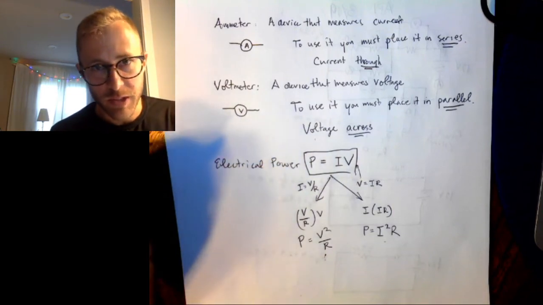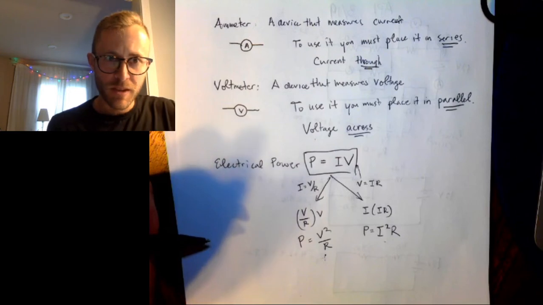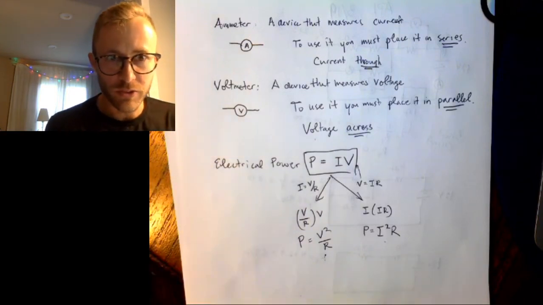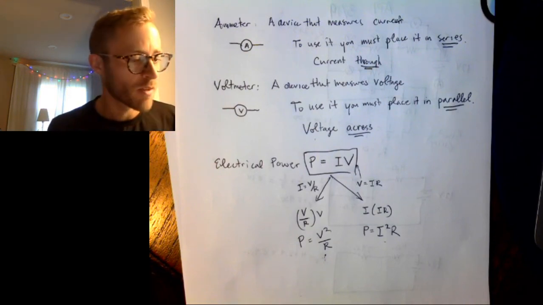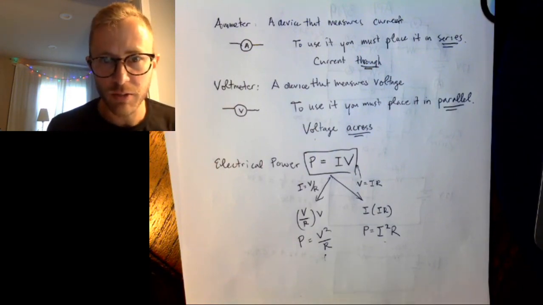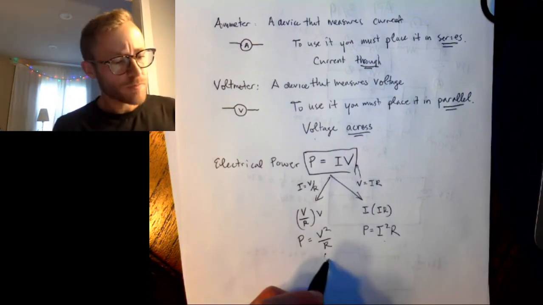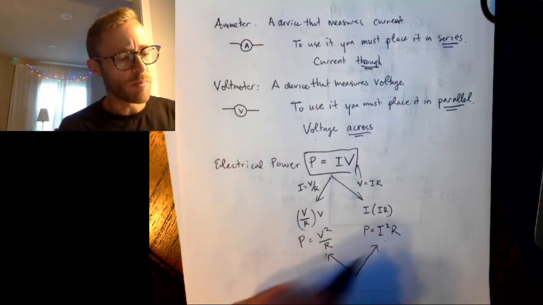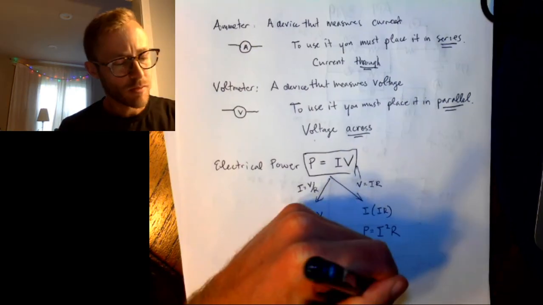It's a little bit funny because that's also the equation for centripetal acceleration, but remember, for centripetal acceleration, V squared over R was speed squared over turning radius. This is volts squared divided by resistance. These two equations only apply for resistors.